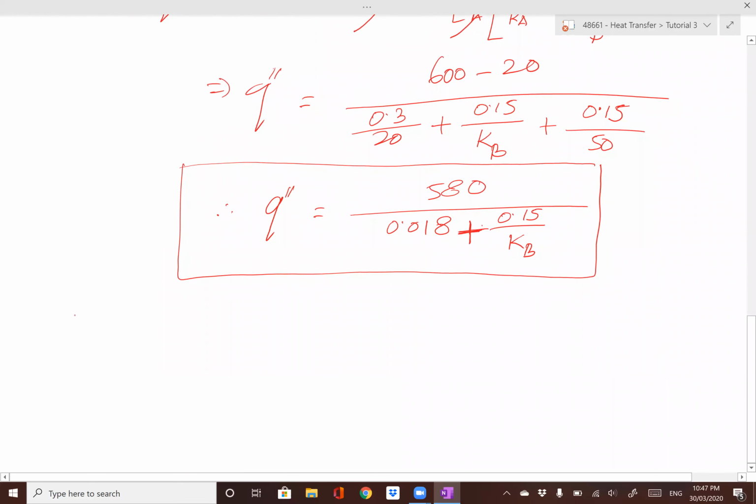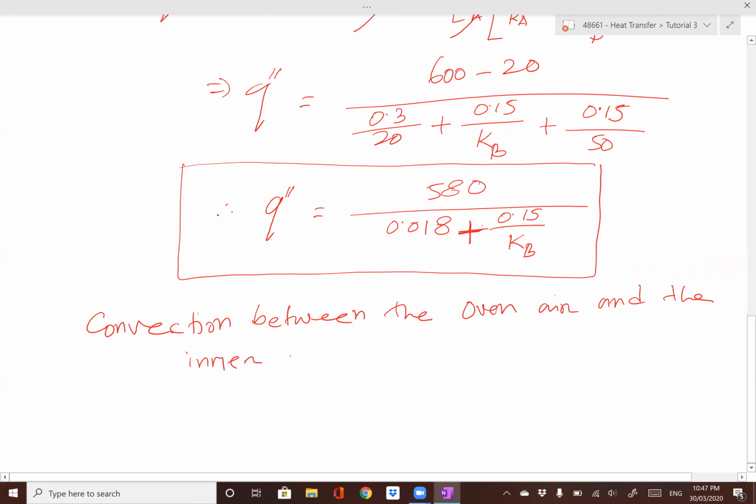So we can calculate the convection between the oven air and the inner wall.